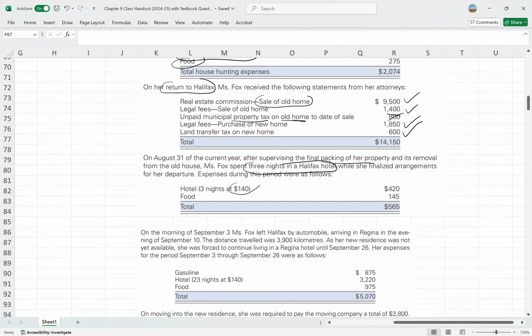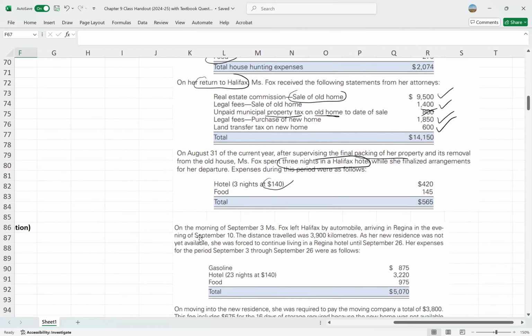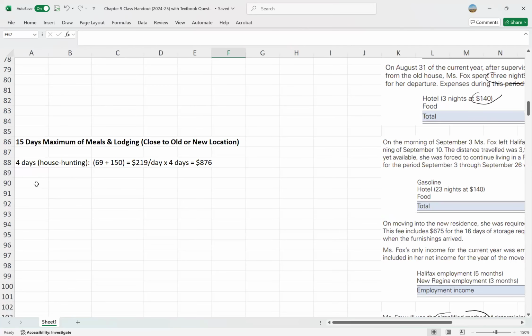The hotel is $140, and for the meals she's using the $69 prescribed rate. So this will be part of that 15-day maximum: 3 days near Halifax. This works out to $209 per day for 3 days, which totals $627.